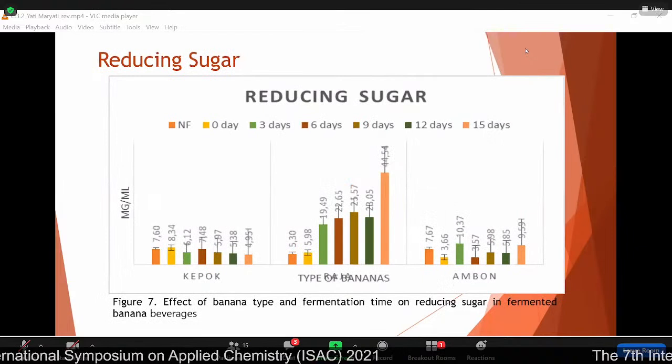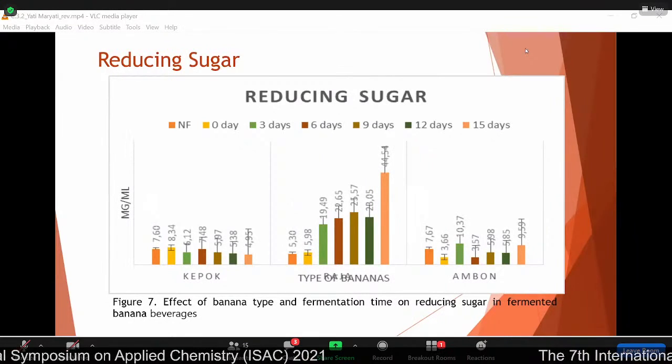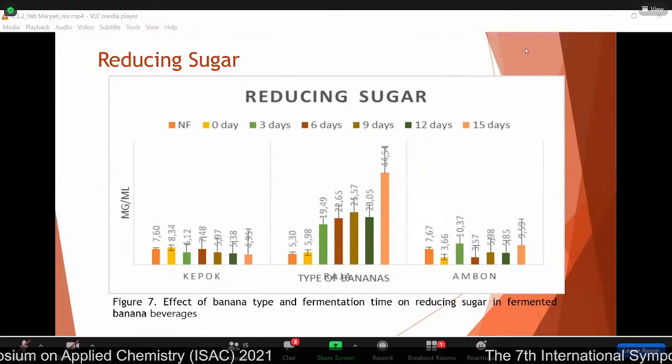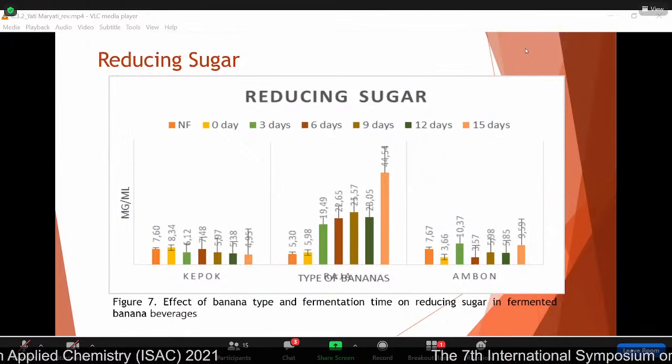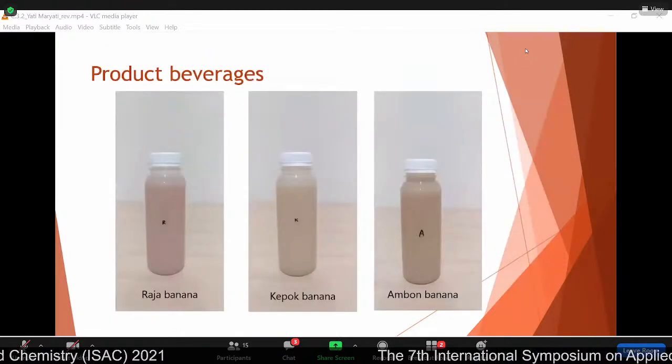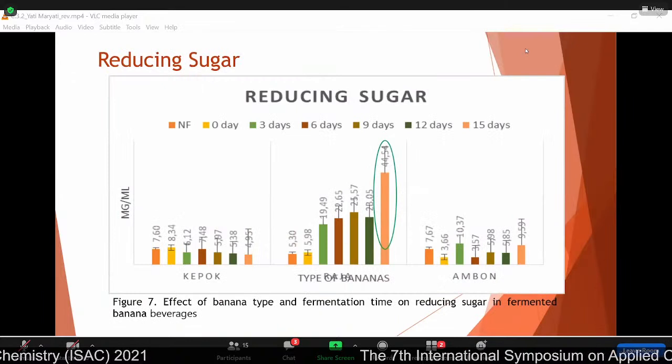For the reducing sugar produced by the amylase activity of the culture, the three types of banana were quite fluctuating, while the optimum condition of banana fermentation was achieved at fermentation day 15 on Raja banana, followed by Ambon banana and Kepok banana.